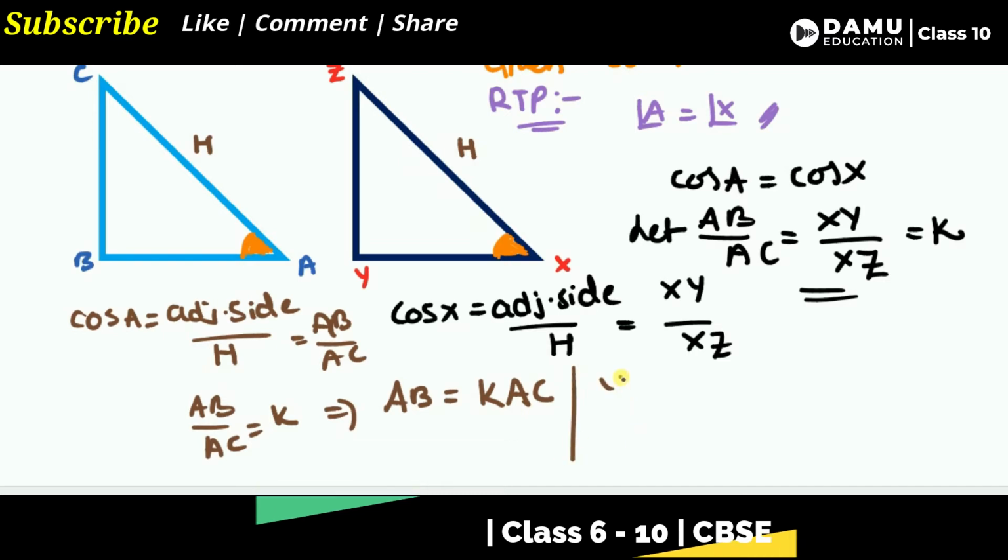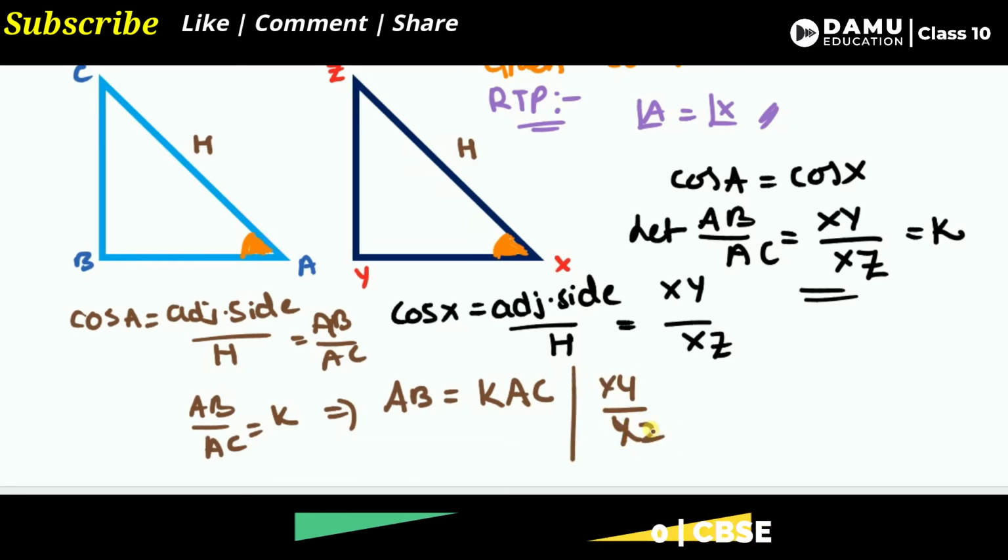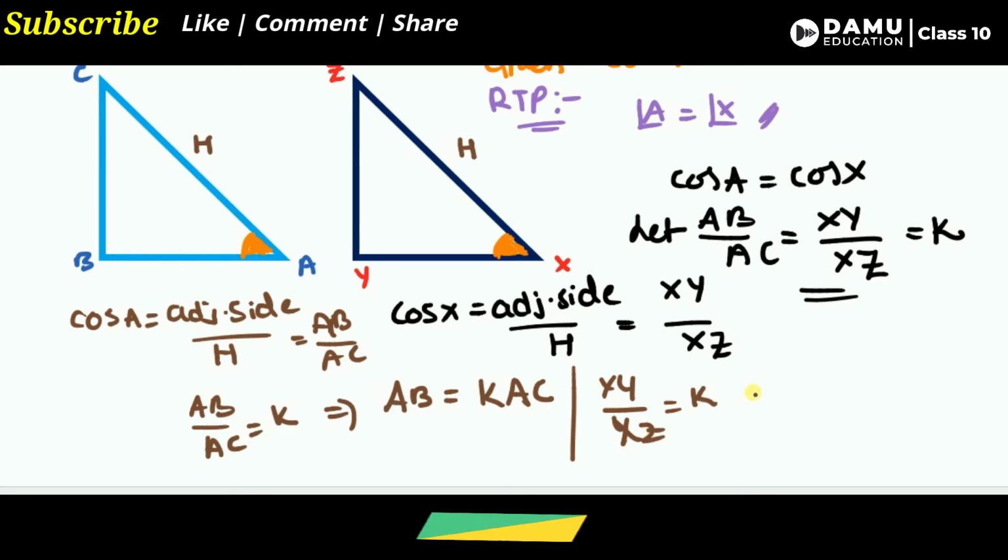Again, XY by XZ is equal to K, which implies XY is equal to K times XZ.